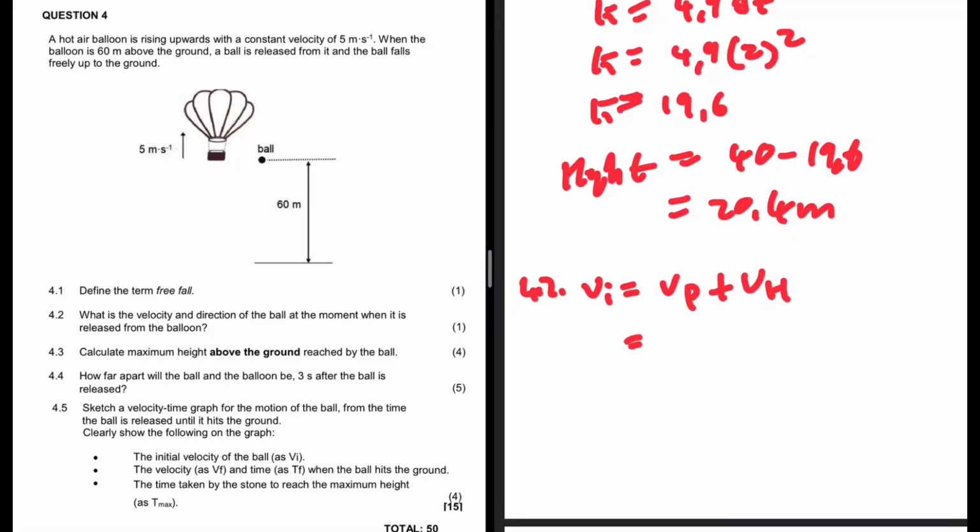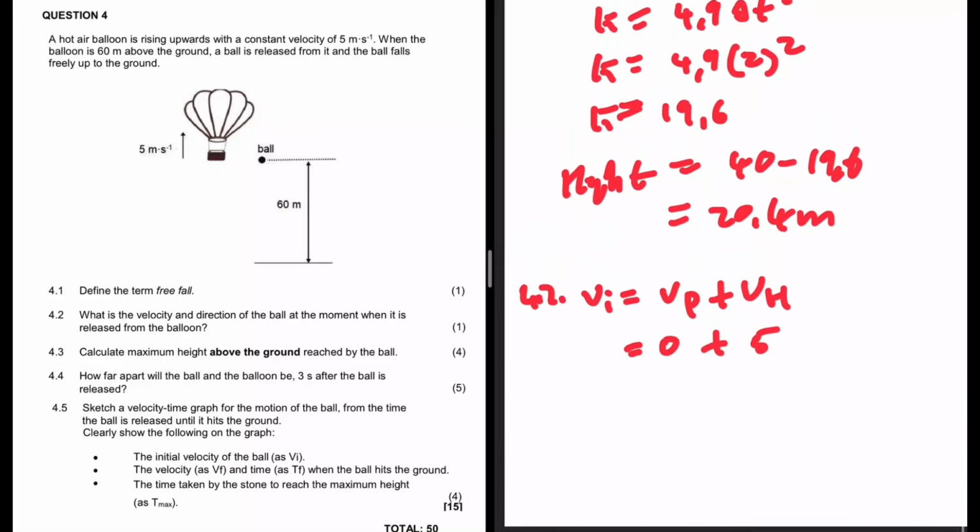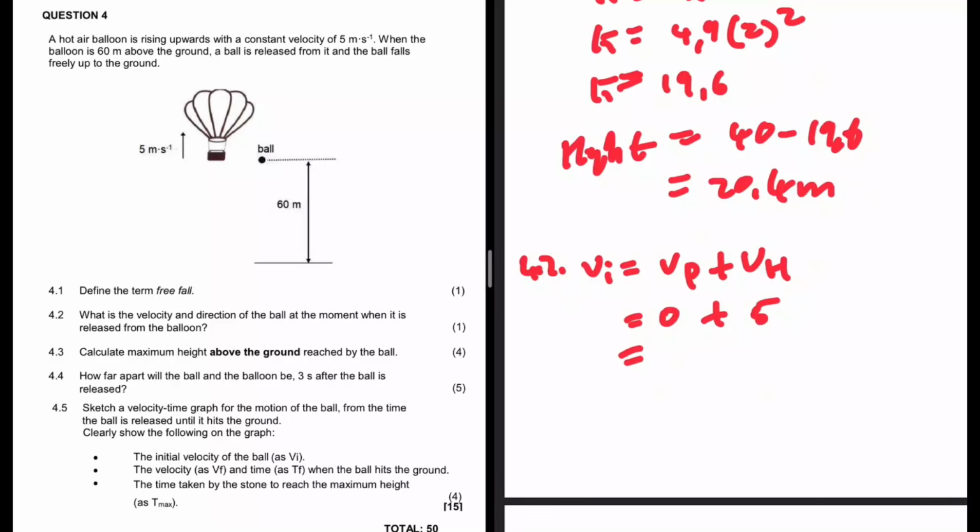So what is the velocity at which it is projected? The ball is released, right? So the velocity at which it is projected is 0. What is the velocity of the hot air balloon? 5 meters per second. We're taking up as positive. So that is the initial velocity of the ball after it is released from the balloon.